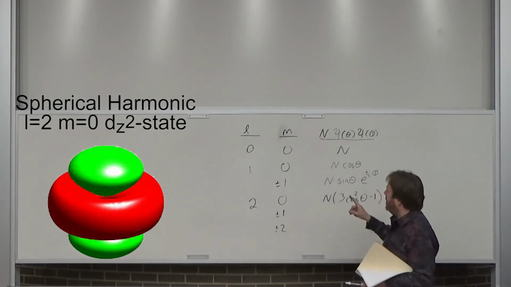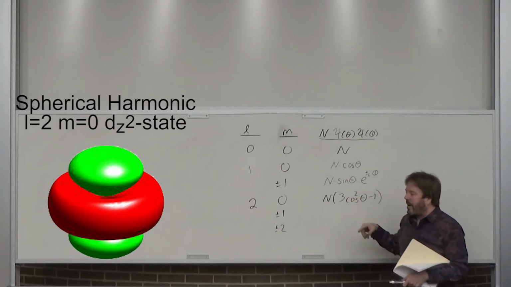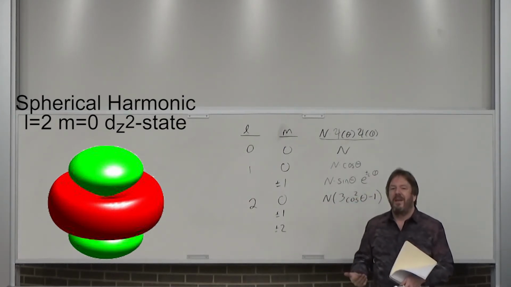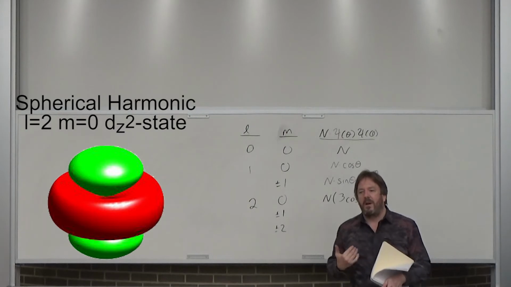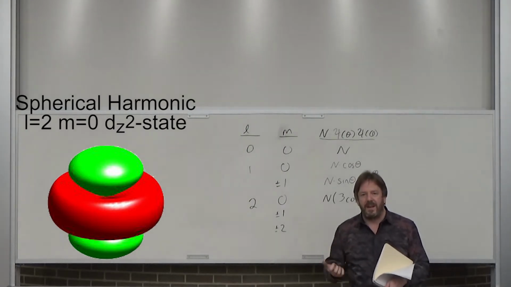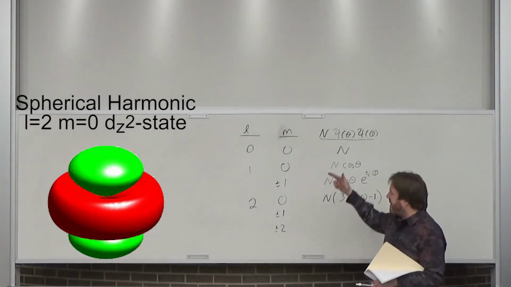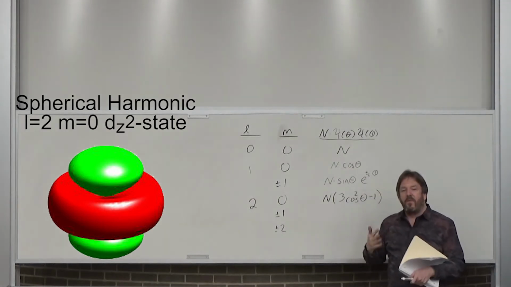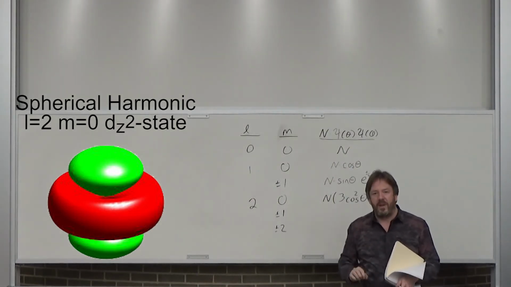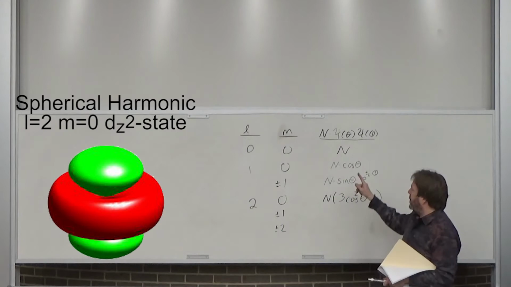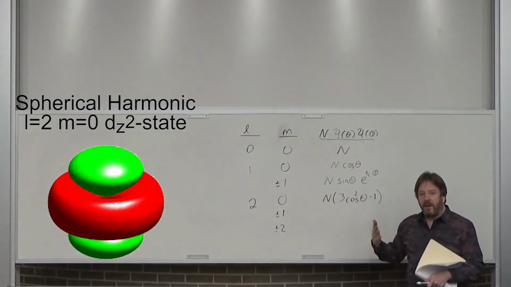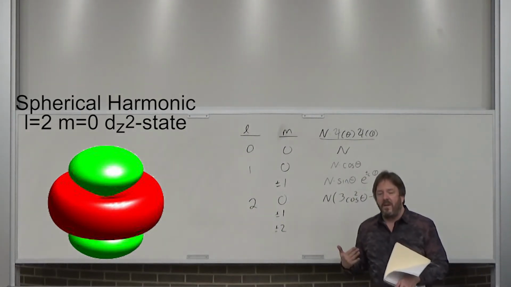But notice when it came to pz and dz squared that there's lots of nodes. We know that nodes are associated with an increase in kinetic energy. So the S state has no nodes, therefore it has no, in this case, rotational energy. The P and D and on and on, those have nodes. And therefore they do have rotational energy.